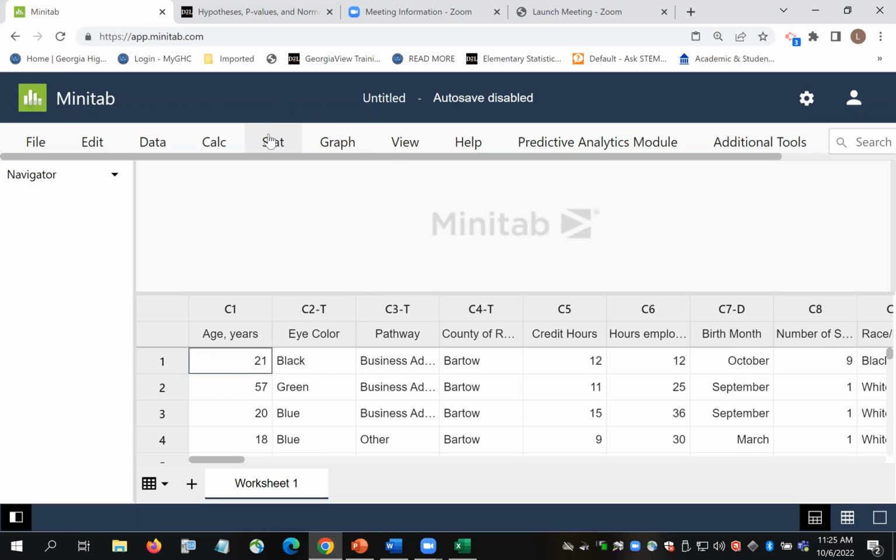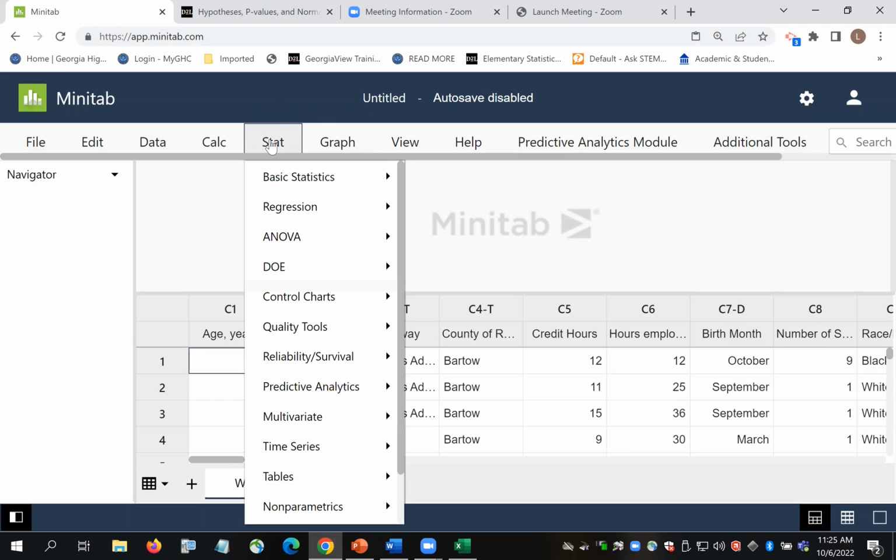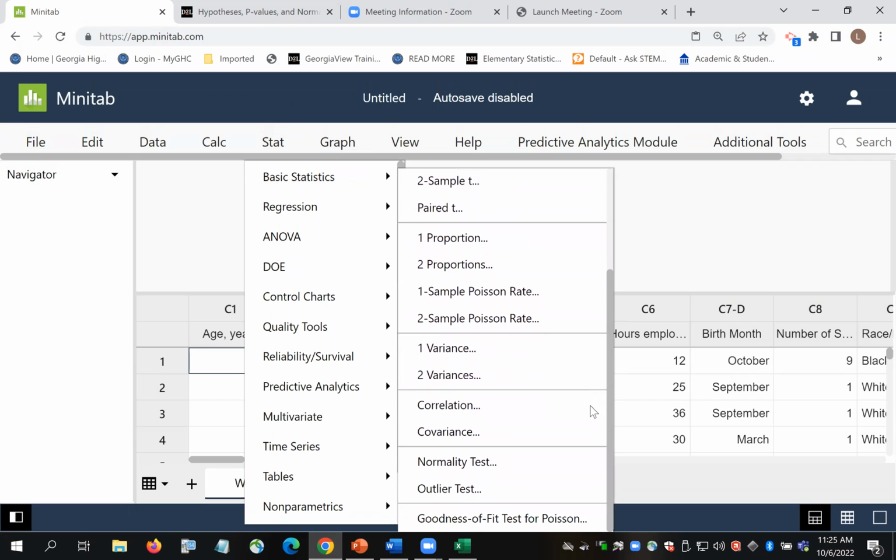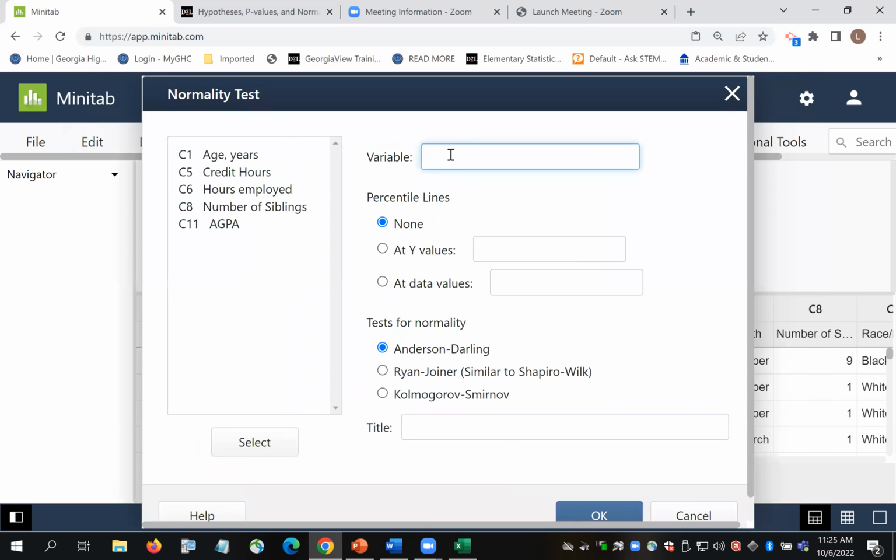We go to Stat, Basic Statistics, and then we scroll down to Normality Test. I have to choose the variable.